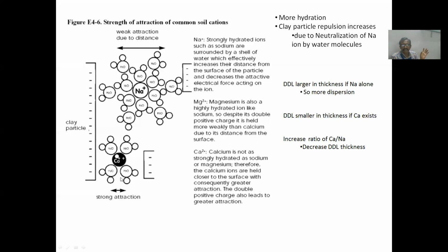In the case of calcium, calcium has two positive charges and they do not get too much hydrated, and the process in comparison with sodium is opposite for calcium. So there is not much repulsive force between clay particles when you have calcium in between, and the diffuse double layer thickness is also very small.